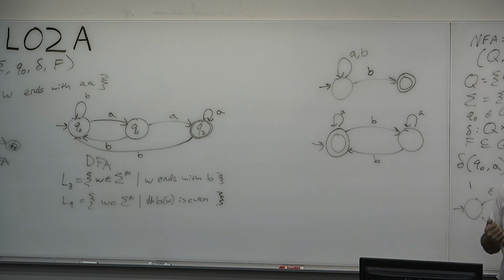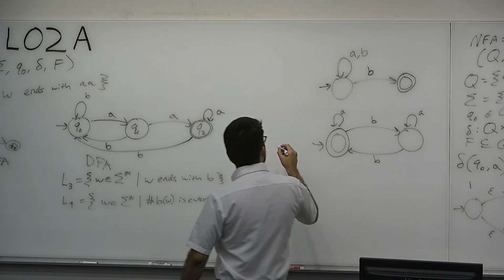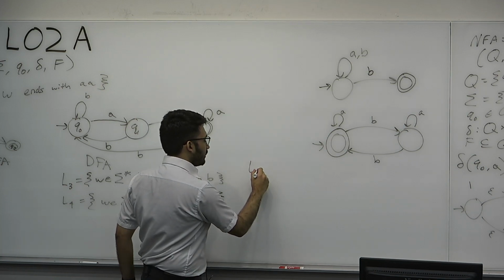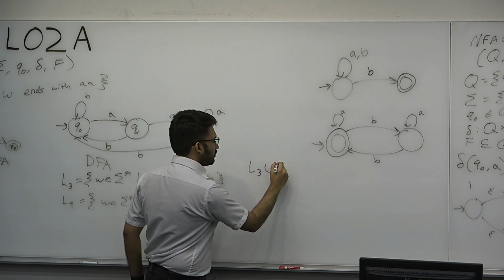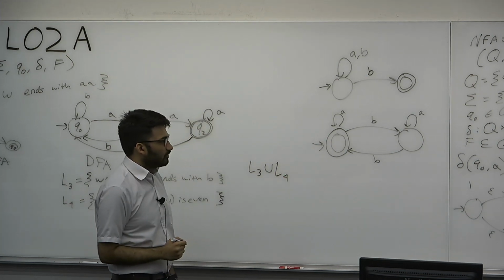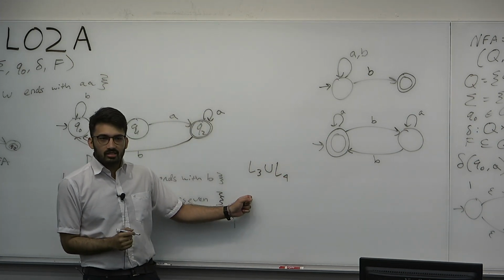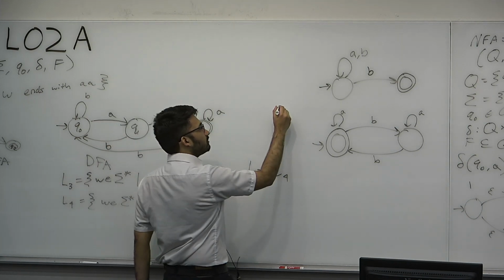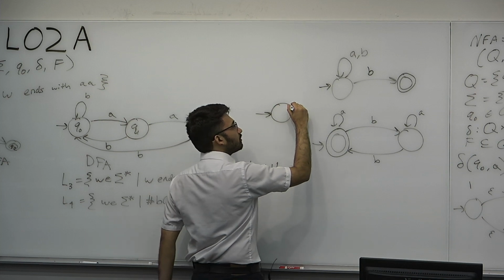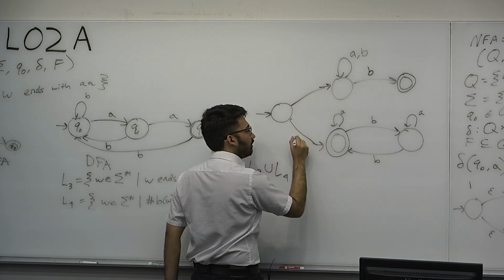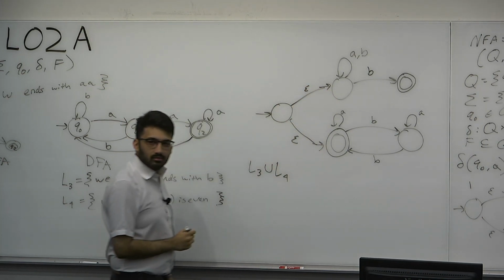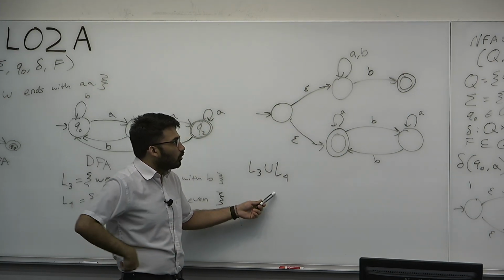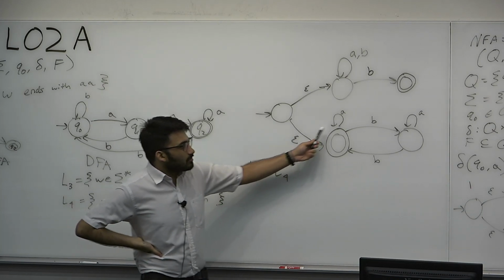Okay, so the answer is we're going to use nondeterminism. If we want to construct the union of L3 and L4, not the intersection, all we have to do is nondeterministically guess which one we're going to run it on. So, a new start state. If the word happened to end with a B, it doesn't matter what happens here.